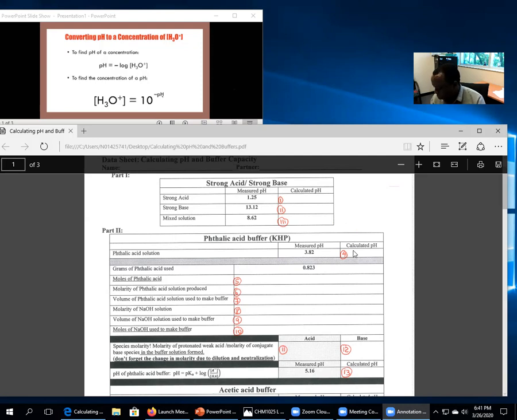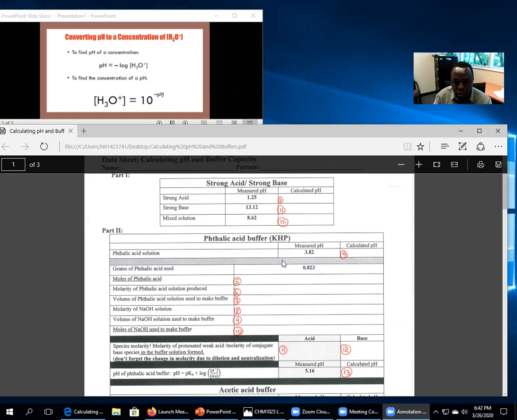We need first of all to find the number of moles of potassium hydrogen phthalate. What is the number of moles? You know, moles is given by mass over what? Mass over molar mass.